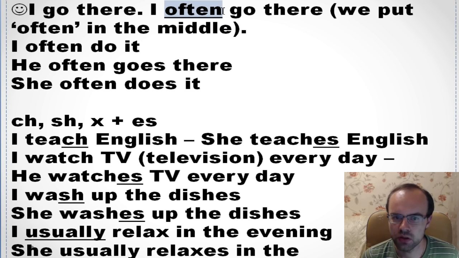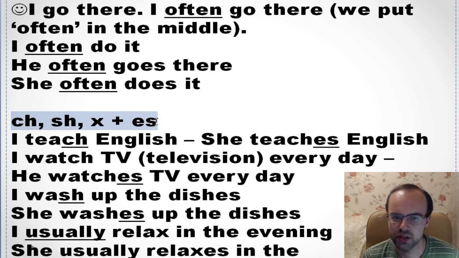We put often in the middle. I often do it. He often goes there. She often does it.